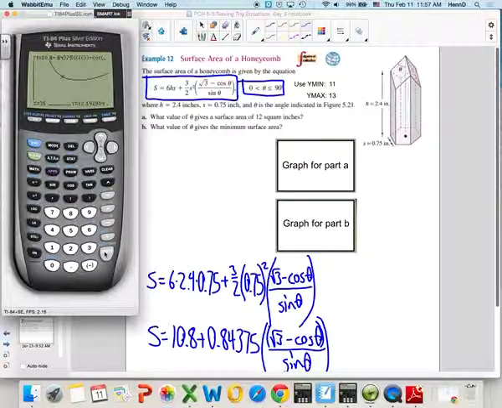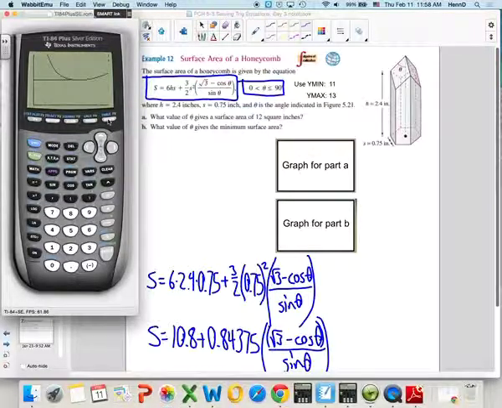So how do I figure out when this equals 12? Just make an equation saying y equals 12 and then intersect. The table will get us close, but a more exact method would be to come down here to y2 and type in 12. Get that horizontal line.